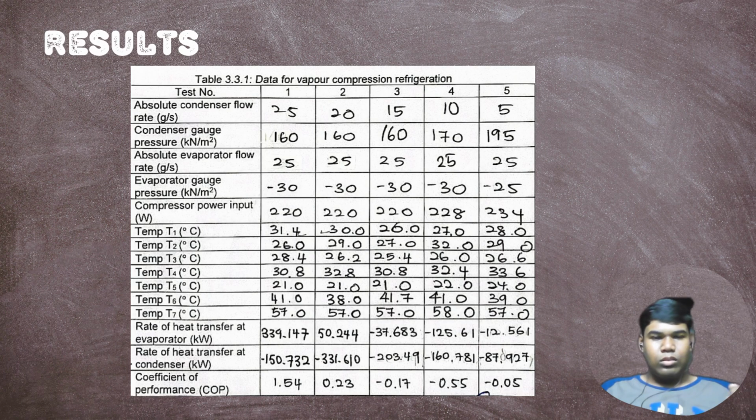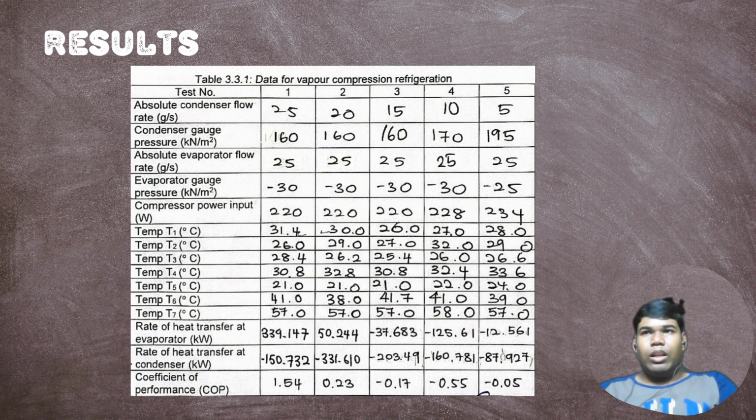We can see them one by one, but in summary, the temperatures at points 1, 4, 6, and 7 are the highest, while the temperatures at points 2, 3, and 5 are lower.